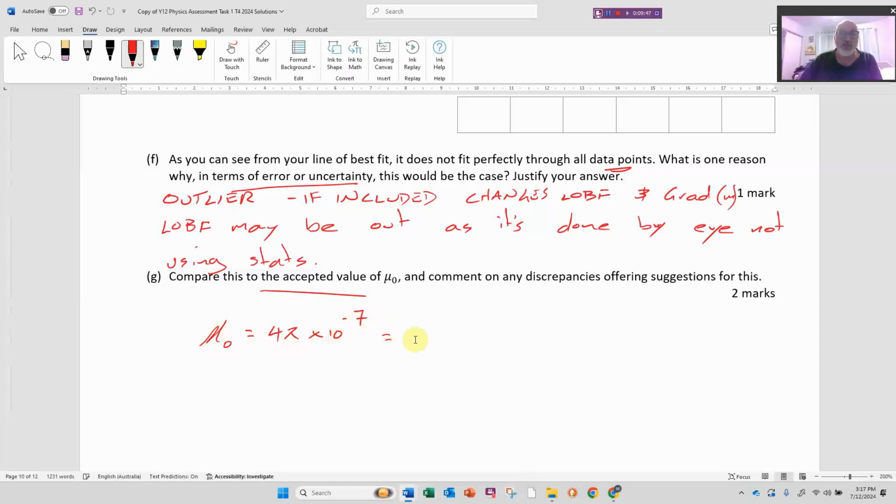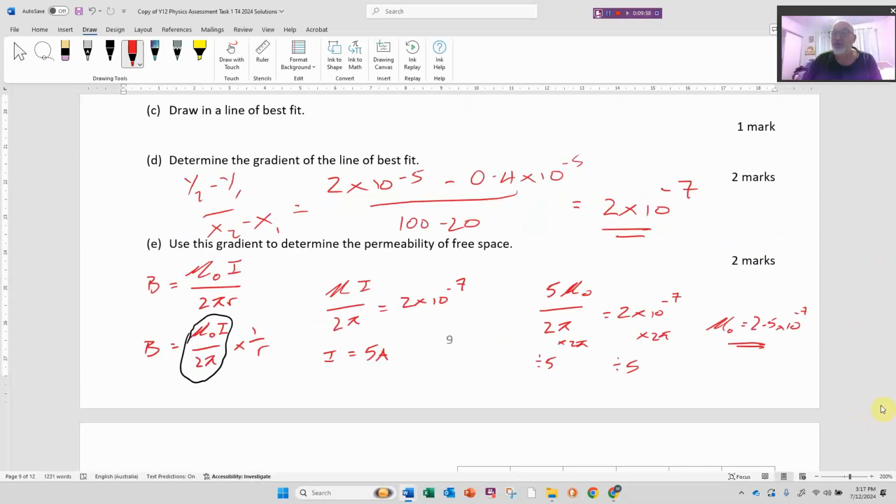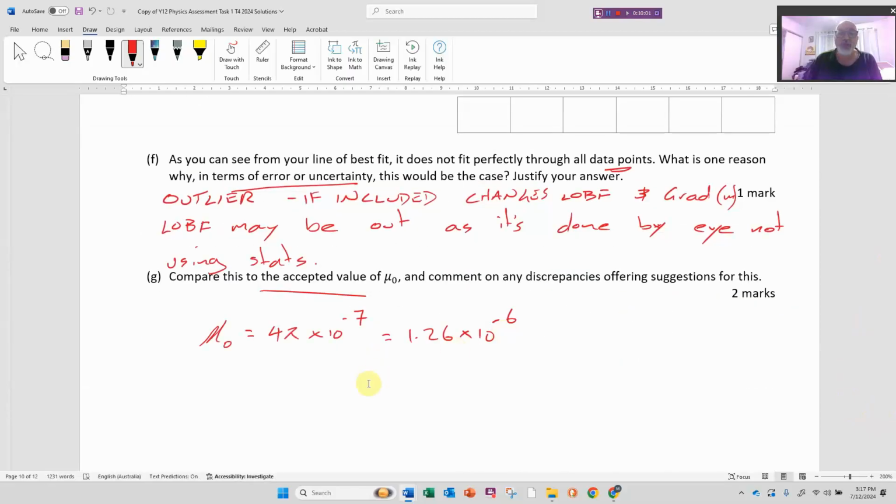If we actually calculate that, it is 1.26 by 10 to the negative 6, and we got 2.5 by 10 to the negative 7. So you can see we're actually a factor of 10 out. So comment on any discrepancies. So that's a compare, the comment being out by a factor of 10.